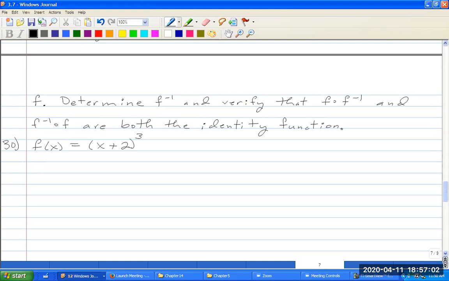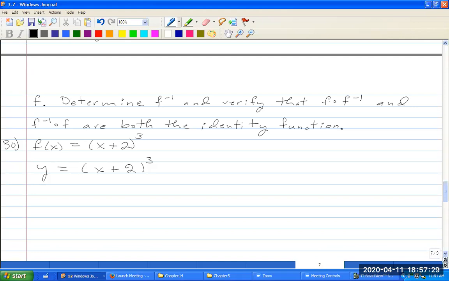So let's replace f of x by y. Let's interchange x and y. Finding the inverse function, if you notice, I was just changing each x by y in that.